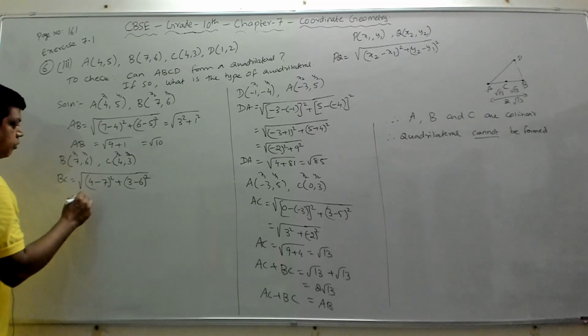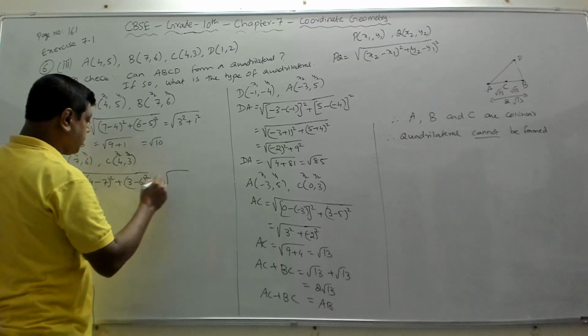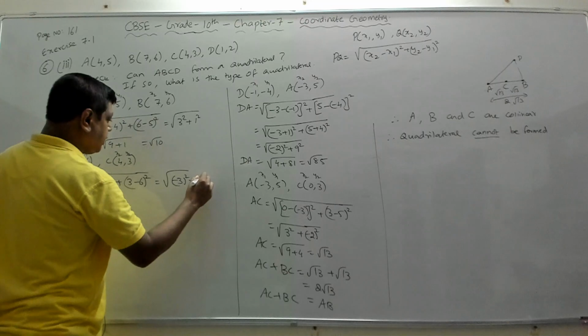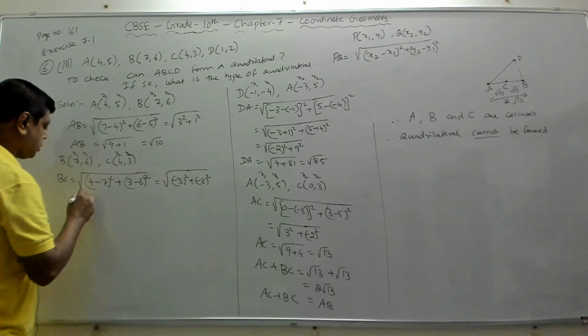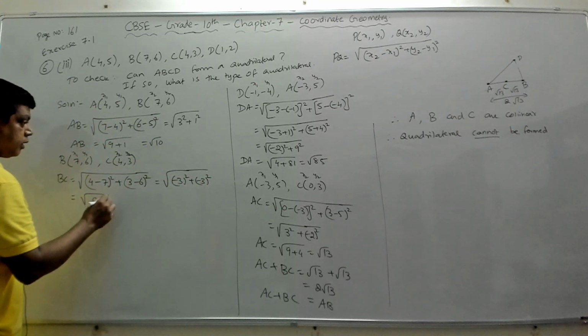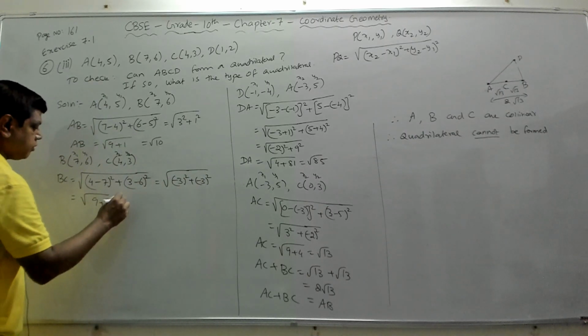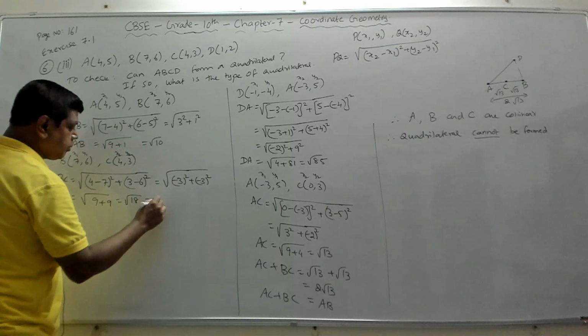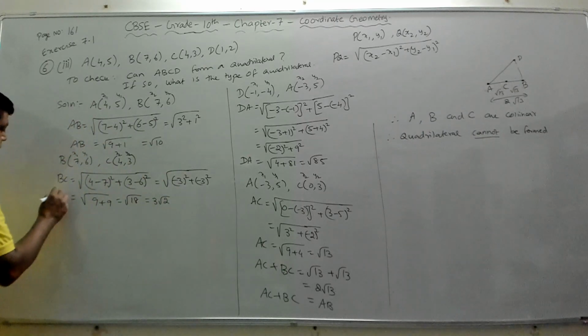That gives the square root of minus 3 the whole square plus minus 3 the whole square, which is 9 plus 9, so root 18. Root 18 can be written as 3 root 2. That is your BC.